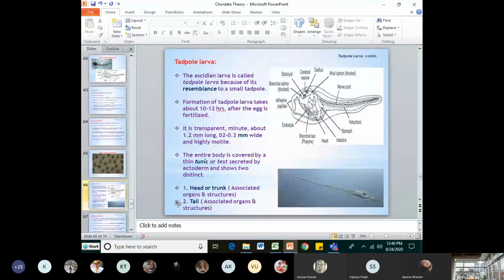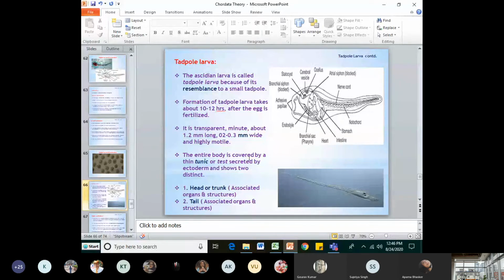After this slide, let's see what structures are seen in the tadpole larva. The ascidian larva is called the tadpole because of its resemblance to a small tadpole. Formation of the tadpole larva takes about 10 to 12 hours after the egg is fertilized, and it is transparent, very minute, only a few millimeters long, and it is highly motile, as you must have noticed in the previous slide that the larva was very active and wiggling vigorously.